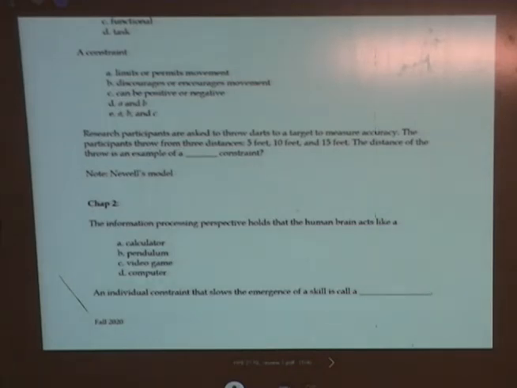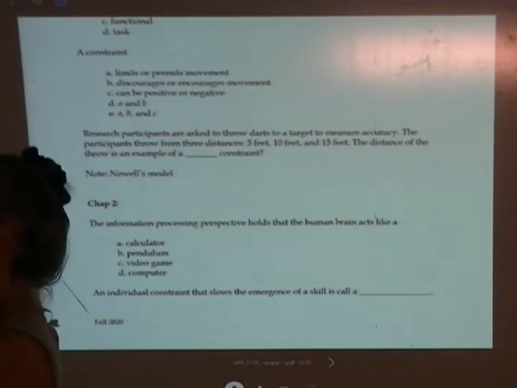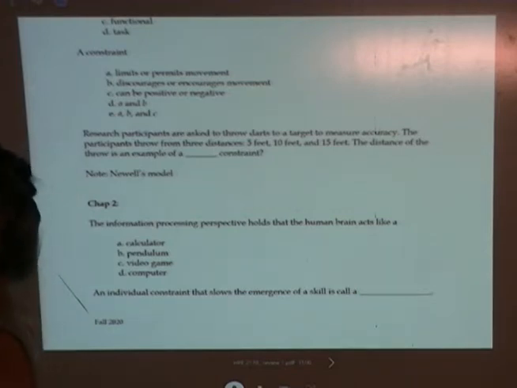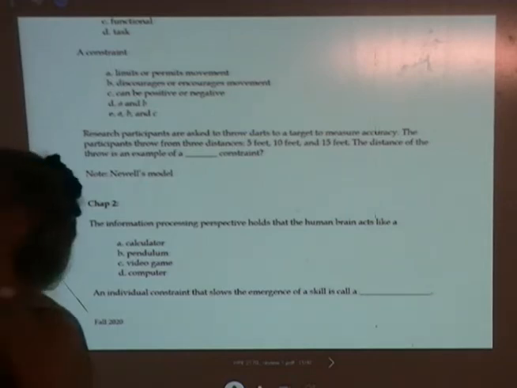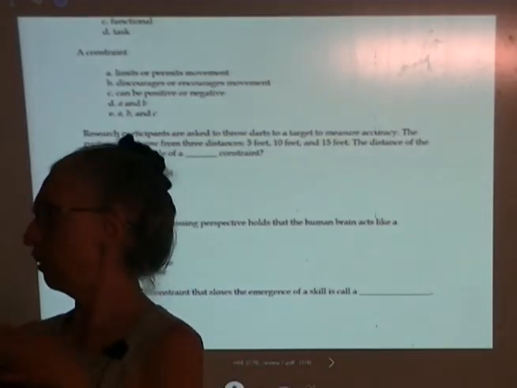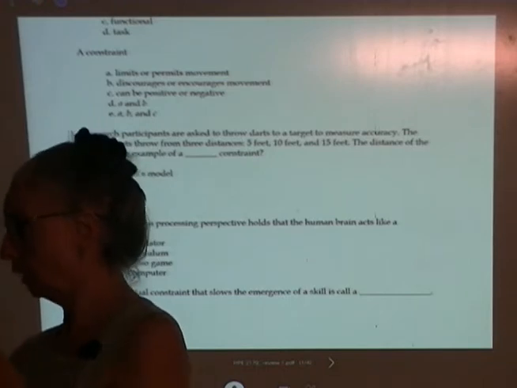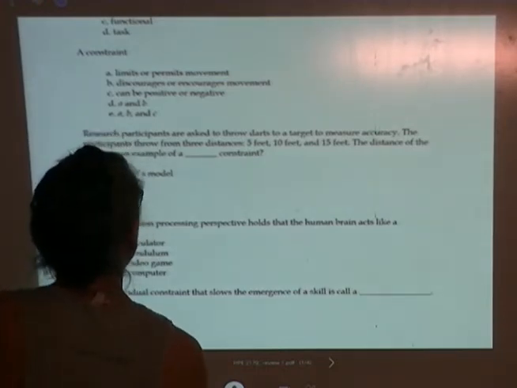So if we are going to sit under the information processing umbrella of theories, then we take the view that the brain acts like a computer, and that's our kind of foundation to build our theories and our ideas on, right? If we sit on the ecological umbrella, we have a slightly different way of thinking about the movement, all right, which we'll get to.